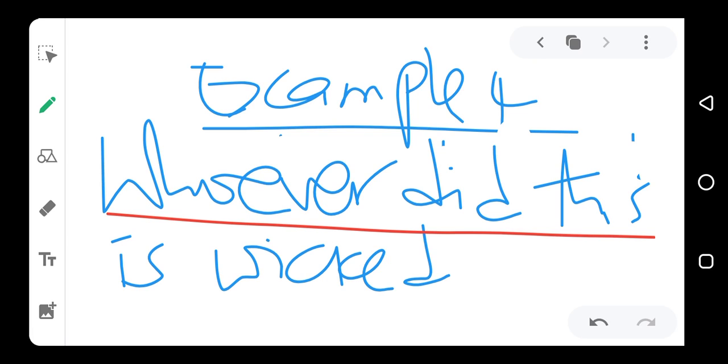The subject is this and the verb is did. So it has both the subject and the verb. So we have confirmed that it is a clause. And because it is being introduced by the word whoever, we are suspecting that it is a noun clause. And it is coming immediately before a verb, so we confirm that it is a noun clause.